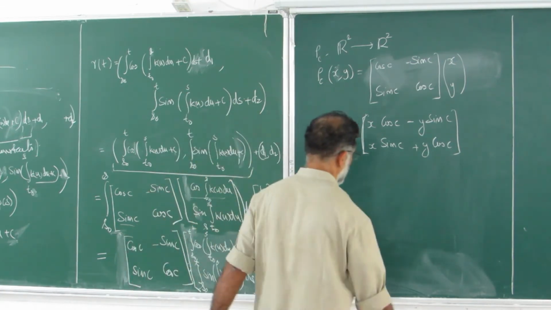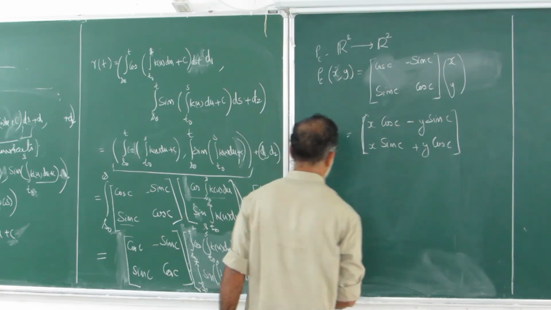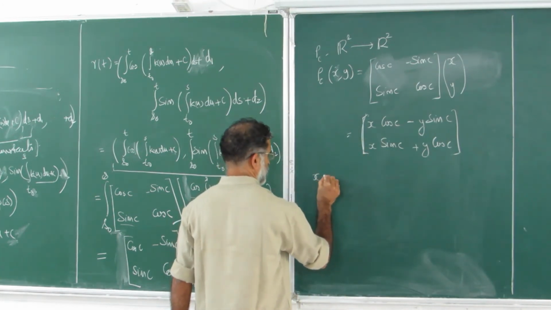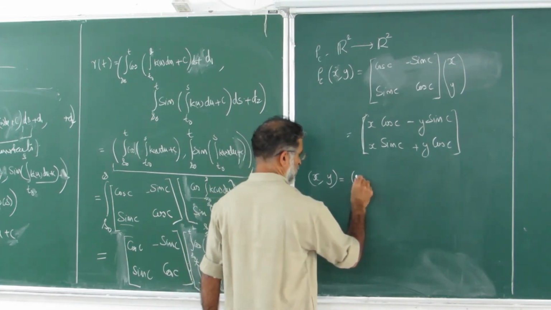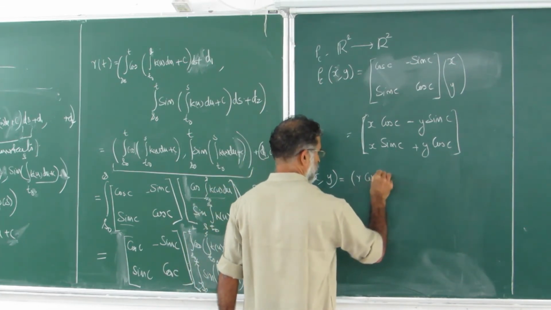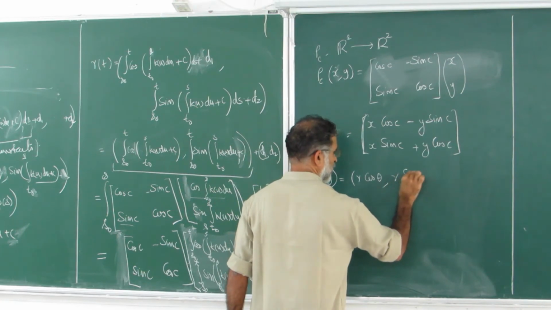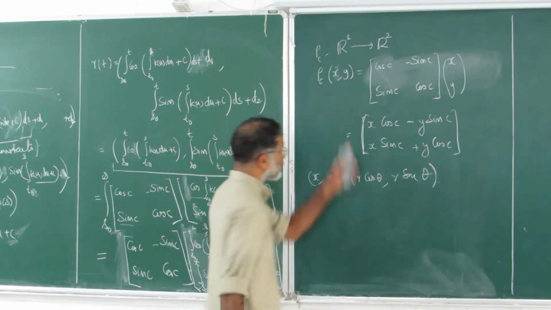You can also see this very easily using complex polar coordinates. Suppose you write the point x in polar coordinates as r cos theta, r sin theta, and substitute there.